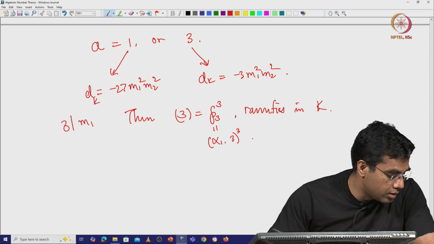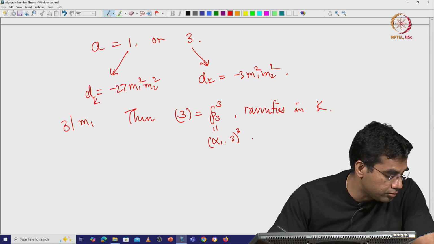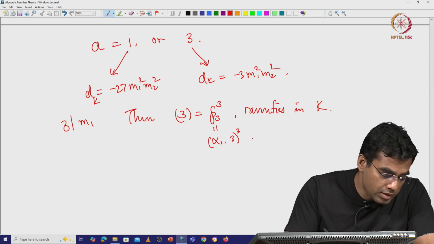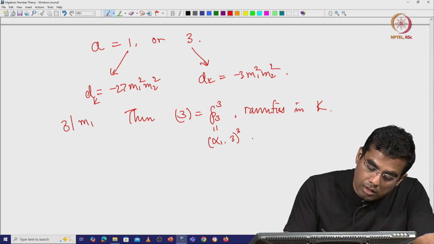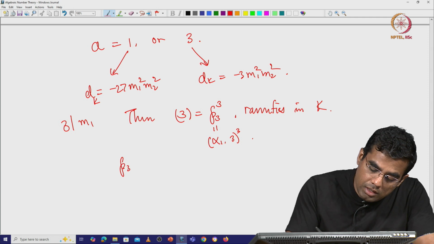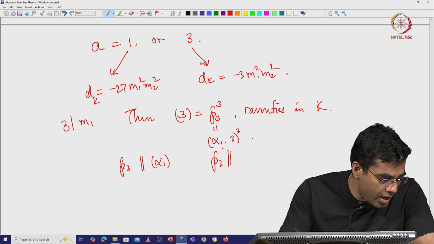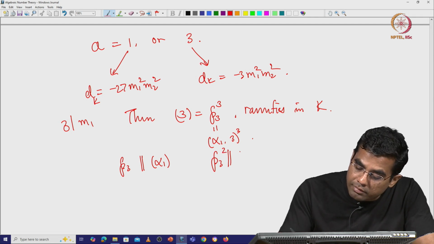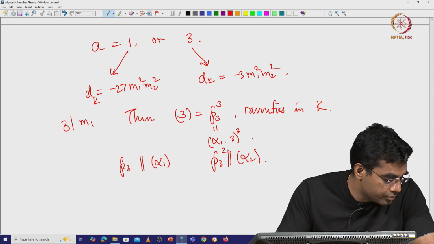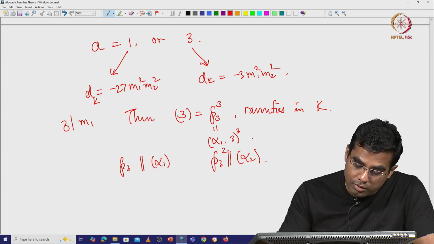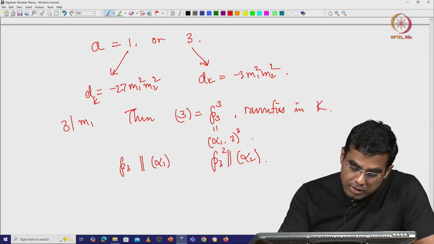Okay. Furthermore, you can see that P3 is the exact power of P3 dividing alpha 1, and P3 square is the exact power of P3 dividing alpha 2, right.